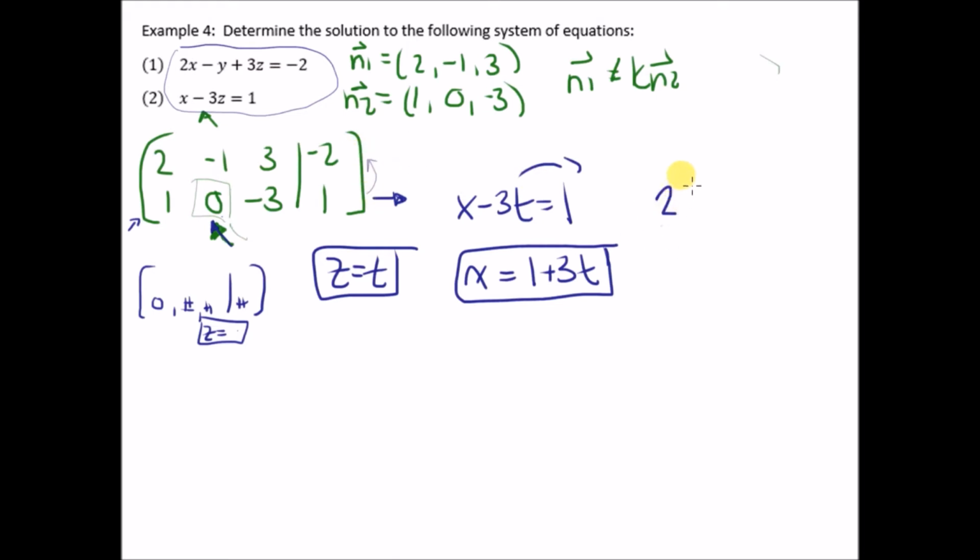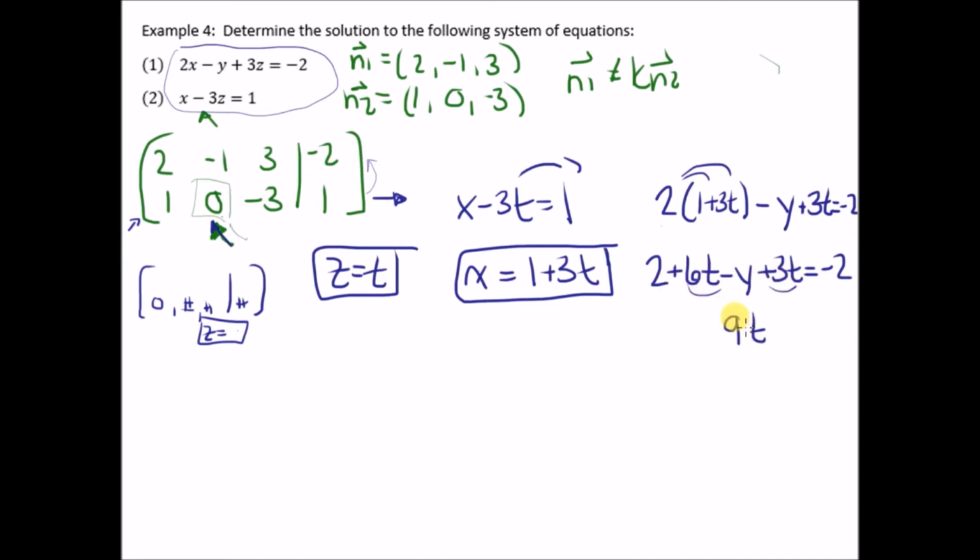So 2x minus y plus 3z equals negative 2. Let's expand and simplify. 2 plus 6t minus y plus 3t equals negative 2. We have 6t and 3t, which is 9t.